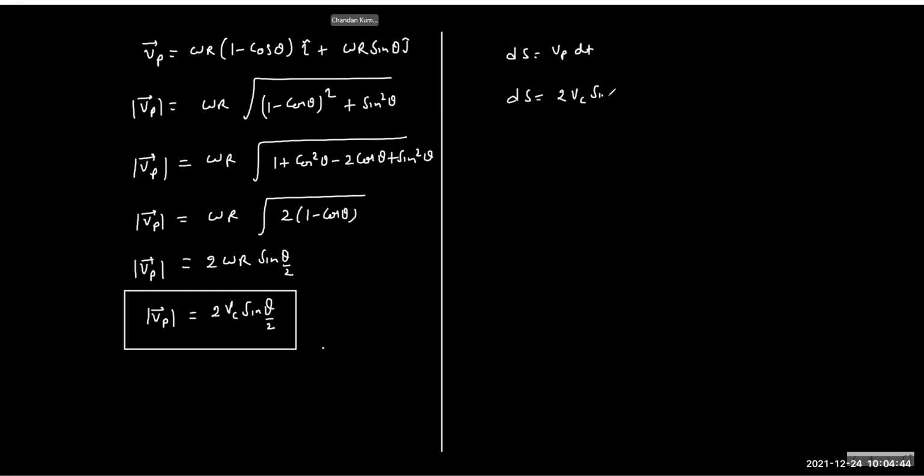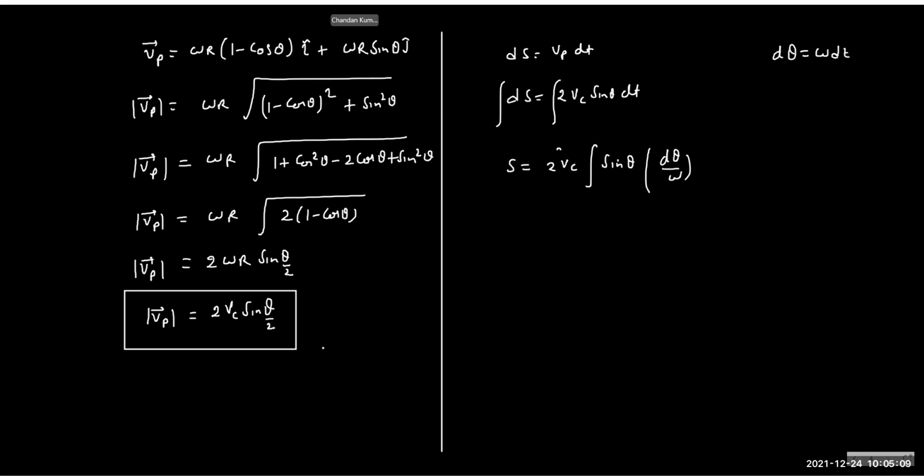Now ds equals 2Vc sine theta by 2 dt. This is something very interesting. We just need to integrate. The total distance traveled will be how much? 2Vc is common. Now I'll do some manipulation. dt we can write as d theta by omega, because d theta is omega dt.